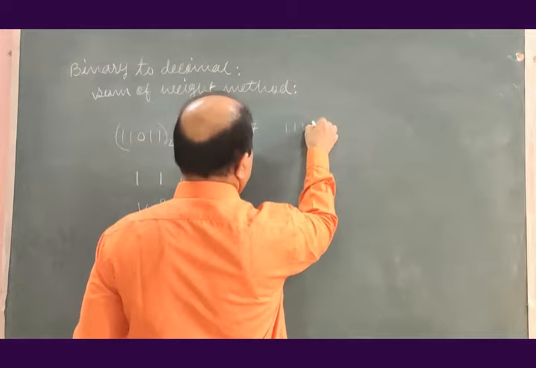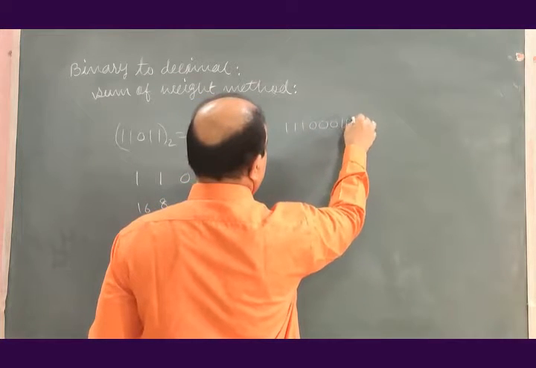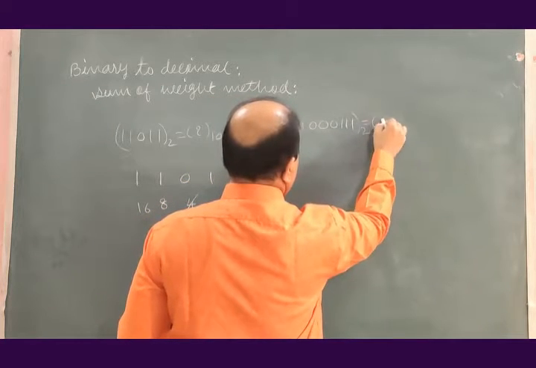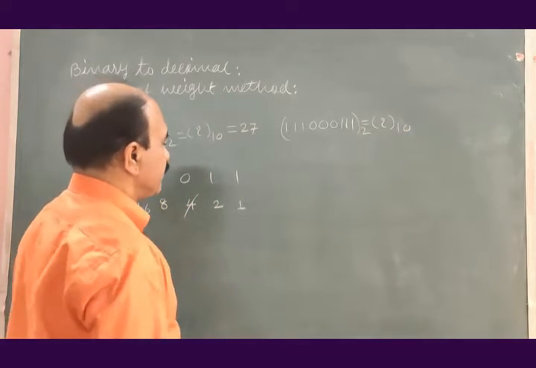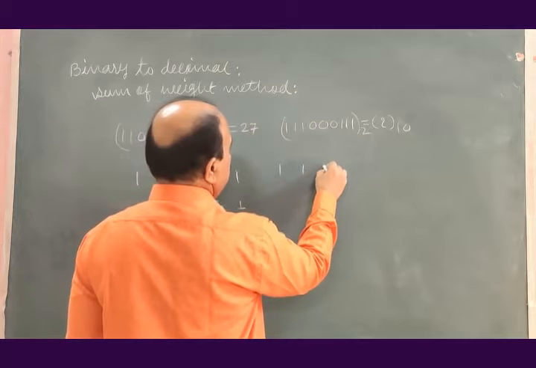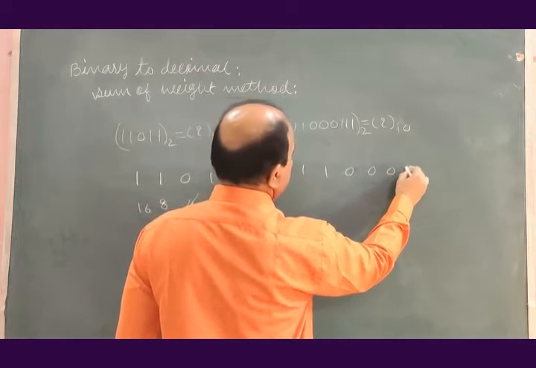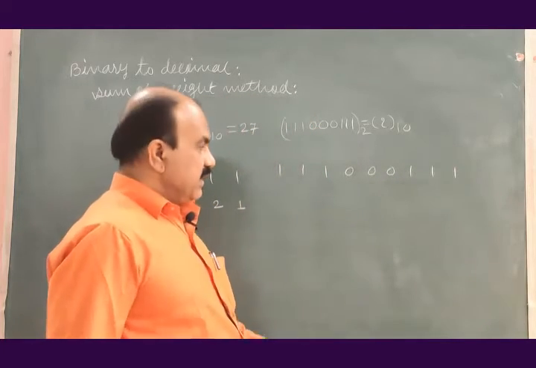1, 1, 1, 0, 0, 0, 1, 1, 1. Find this in decimal.